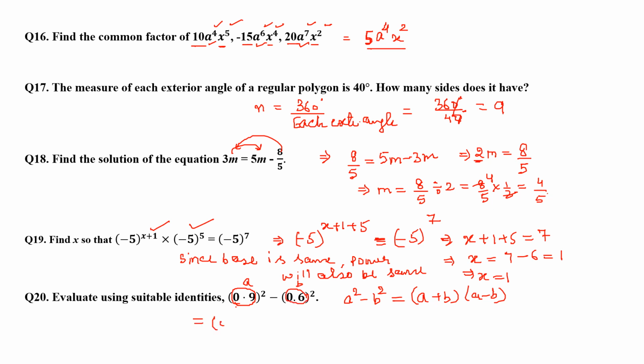So a plus b is 0.9 plus 0.6 and a minus b is 0.9 minus 0.6. 0.9 plus 0.6 is 1.5 into 0.9 minus 0.6 is 0.3. When you multiply, 15 into 3 is 45. Here after decimal 1 digit, here also 1. So 1 plus 1, 2 digits. So you have to place the decimal point here. So the answer is 0.45.